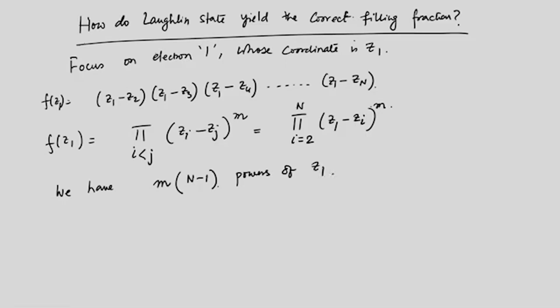That must be clear because there is a factor of m there. So, the power is m, and there are n minus 1 such terms, all written at the top. So, there are these m into n minus 1 powers of z1, which corresponds to a single particle whose coordinate we have taken as z1.